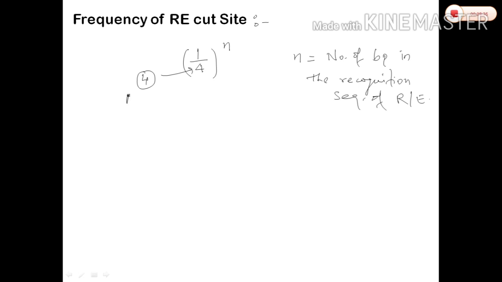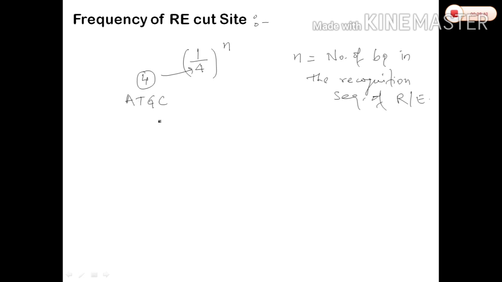Here n is the number of base pairs in the recognition sequence of a particular restriction enzyme. The base, 4, is always constant because 4 different kinds of nucleotides are present.